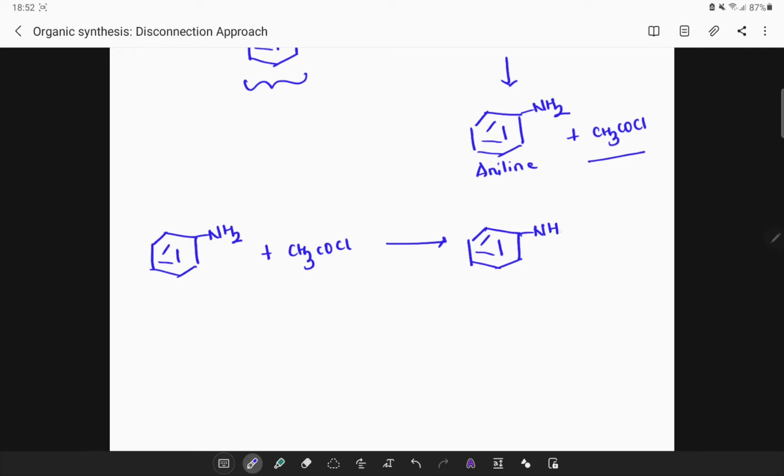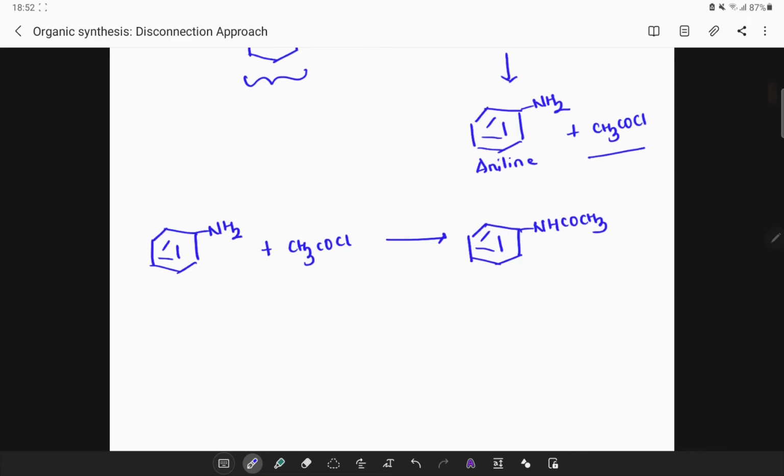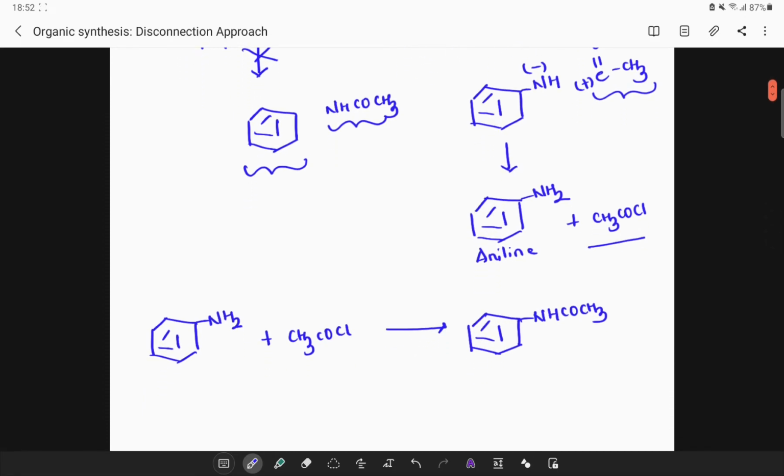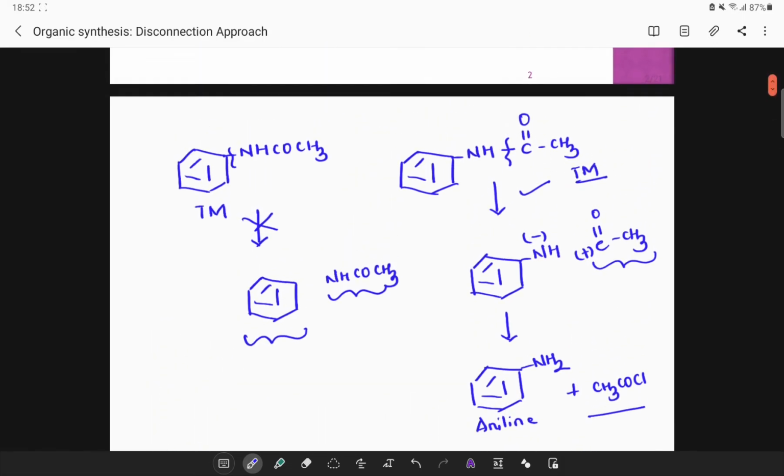This is how we could design the organic molecule that was given to us. Aniline reacted with acetyl chloride to give my target molecule. Understanding the starting material is the approach called the disconnection approach.